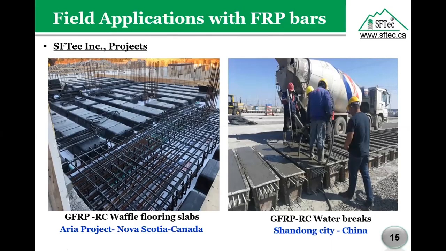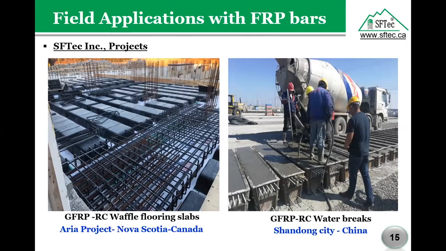Actually, we are talking here in terms of price. We are talking about flexural elements like slabs, and also about the price. If you use this kind of reinforcing bar, it will be very high compared to black steel.